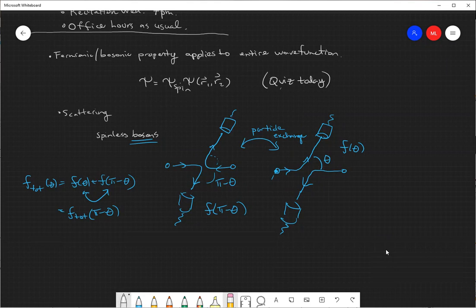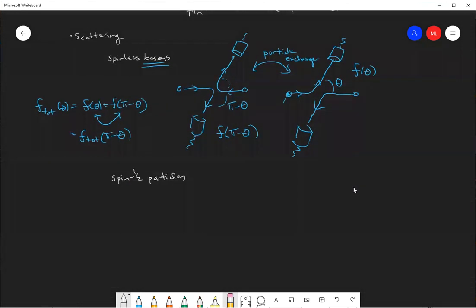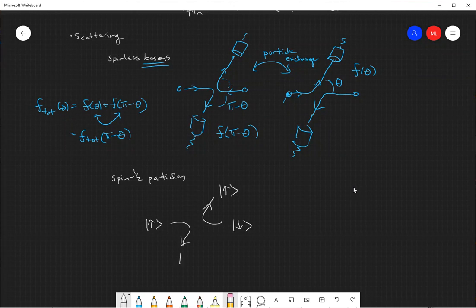All right. Well, you could also have, of course, fermions. For instance, you can have spin 1/2 particles. Well, in that case, the situation's a little more complicated, right? Because you could send in different states of the particles, and they could scatter, and they might scatter into different states, either spin up or down.